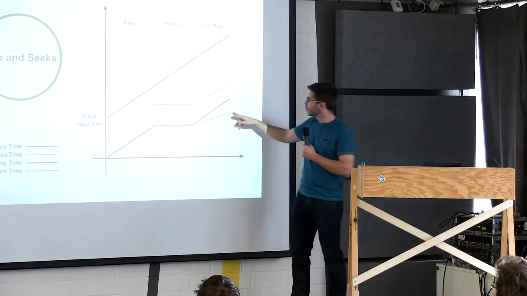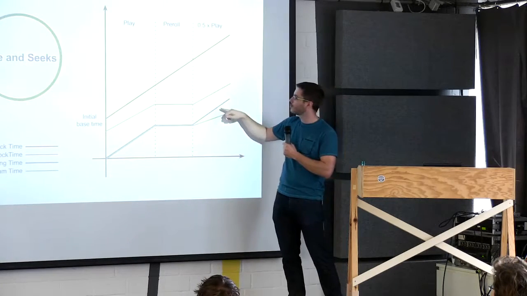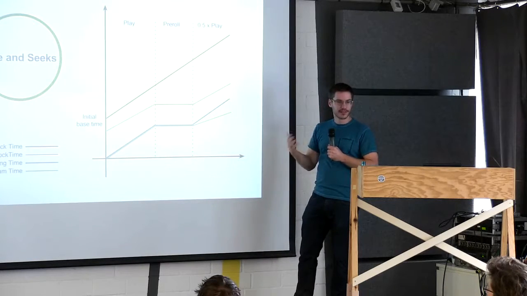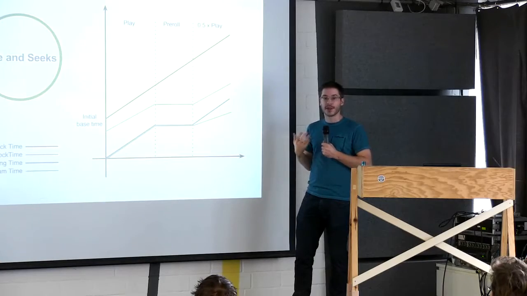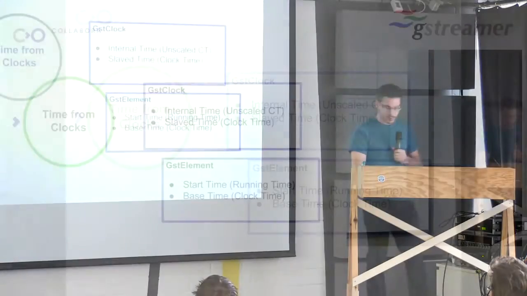And that's where it diverges. And that's where you start seeing that running time is not the same thing as the stream time here. You see it's a different scale, so you need to translate it. That's where it gets interesting.